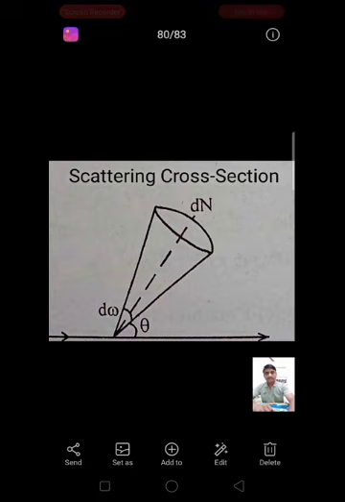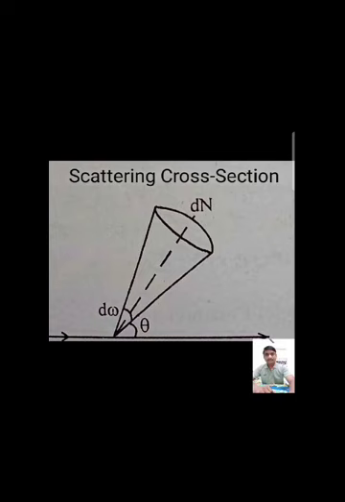Before that, the alpha particles which approach the nucleus possess different impact parameters. That means different alpha particles that approach the nucleus possess different impact parameters, but all are scattered from the nucleus.